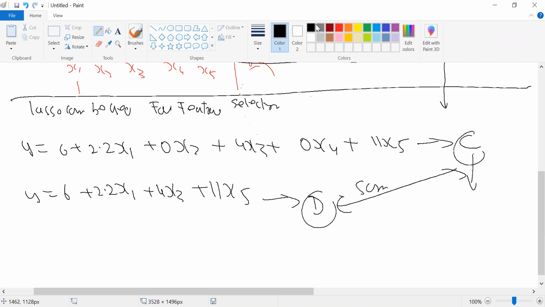C and D are the same. Why? Because of 0x2 and 0x4. The beta values of x2 and x4 are 0. It means even when the value of x2 is 1 million, there is no impact on your y. Take any value of x2 and x4, there will be no change in y.